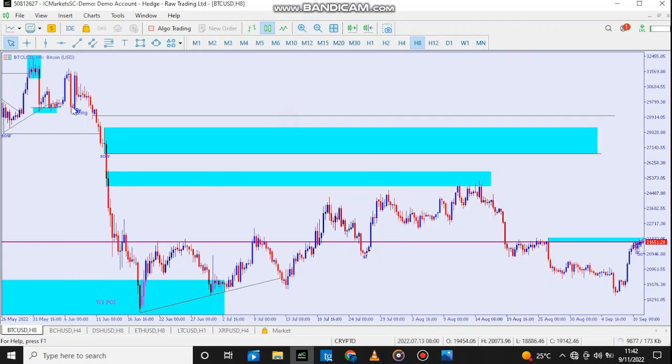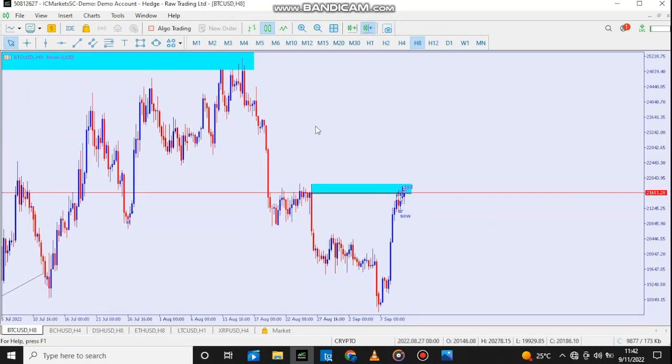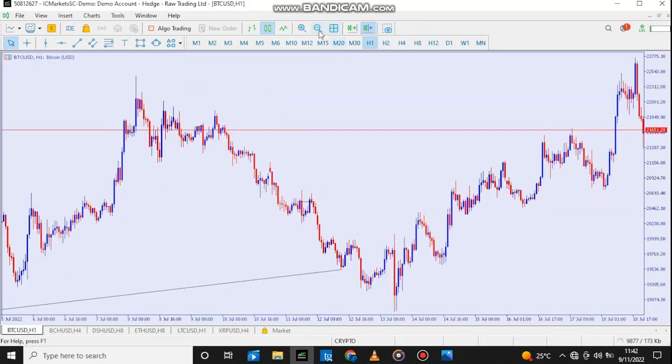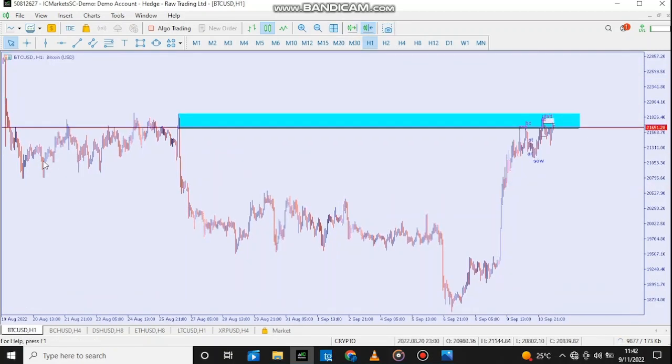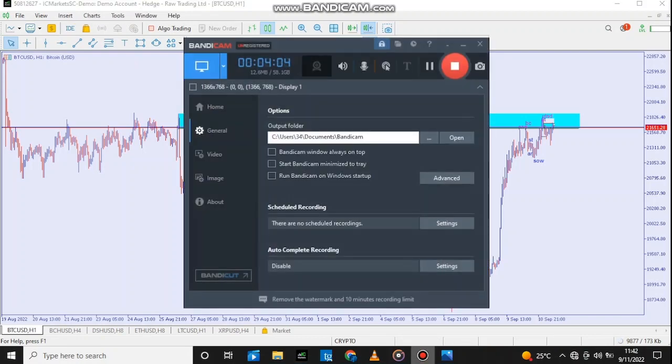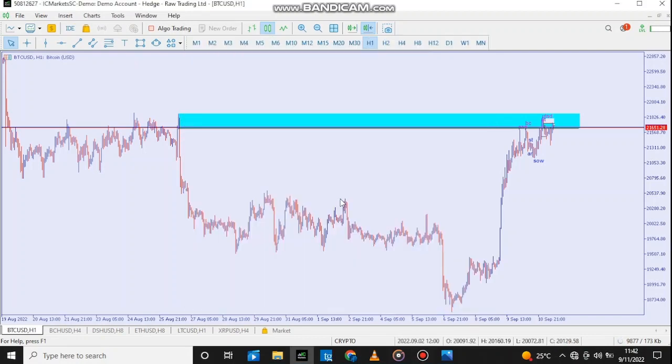my bias changed. I expected the price to react from this supply or this redistribution and this nice order block that was not mitigated. Let me check the time, it's still 4 minutes.